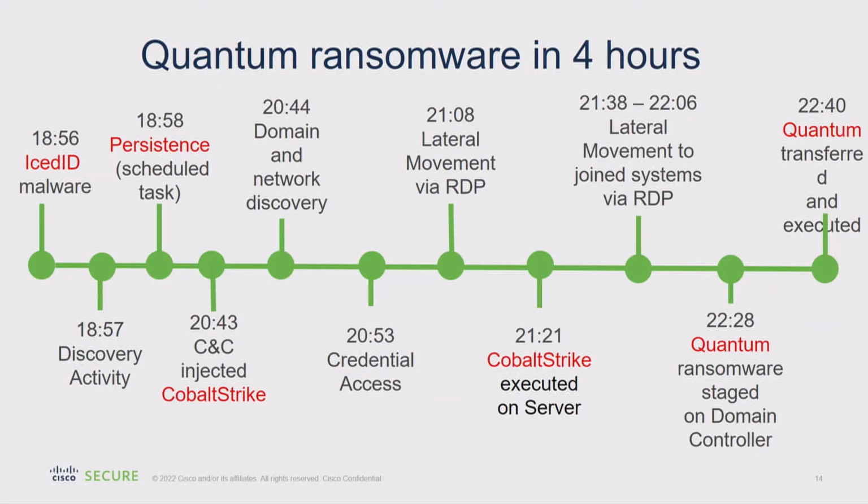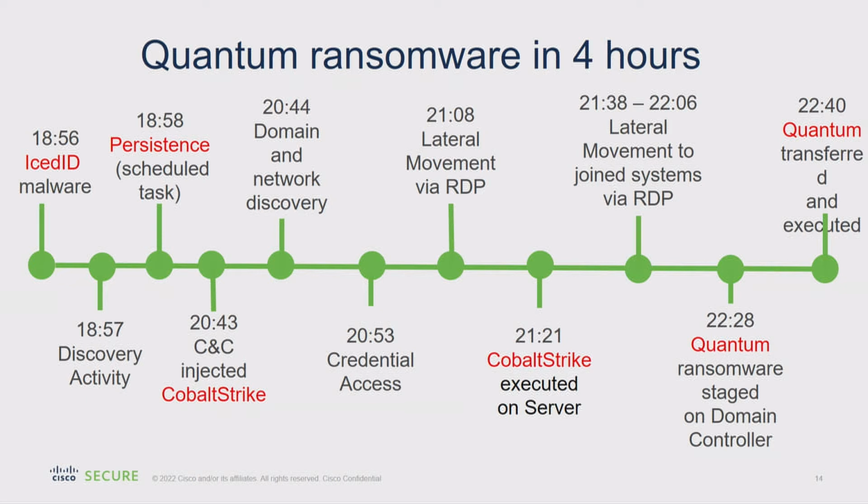The next thing is the timeline of the Quantum ransomware. In this case, it started with someone in the affected network opening a spam mail which contained an IcedID loader. As we can see, it took only 4 hours for the malicious actor to identify that their payload was executed, get into the network, establish access, move laterally through the entire network, identify the information they needed to launch the encryption, and deploy the Quantum ransomware, which took the entire network hostage.